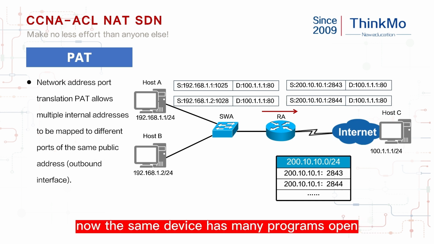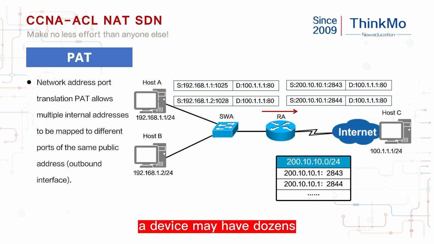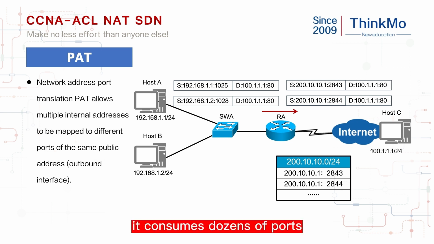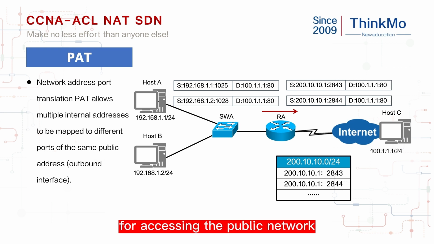Now the same device has many programs open, for example listening to music, watching a movie, playing games. Overall, a device may have dozens of processes accessing public network services at the same time. It consumes dozens of ports for accessing the public network.